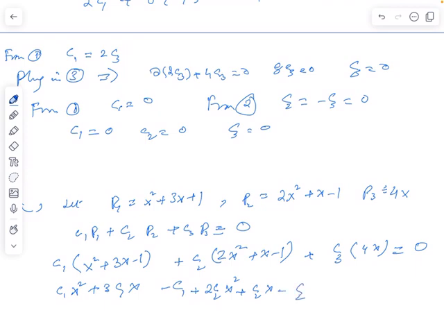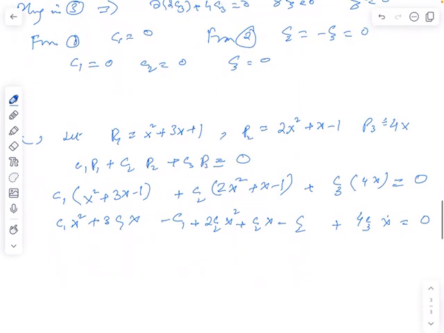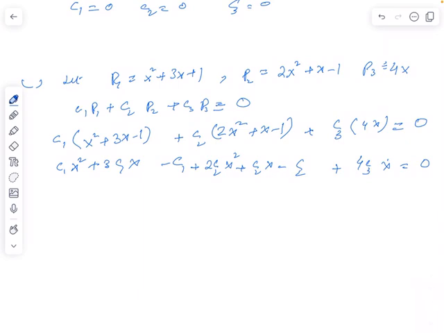And the last one is plus 4C3x, equal to 0. Okay, what we do next is we will combine like terms.